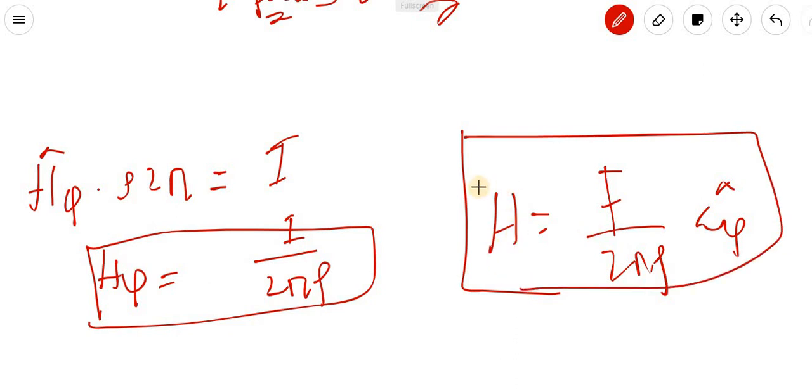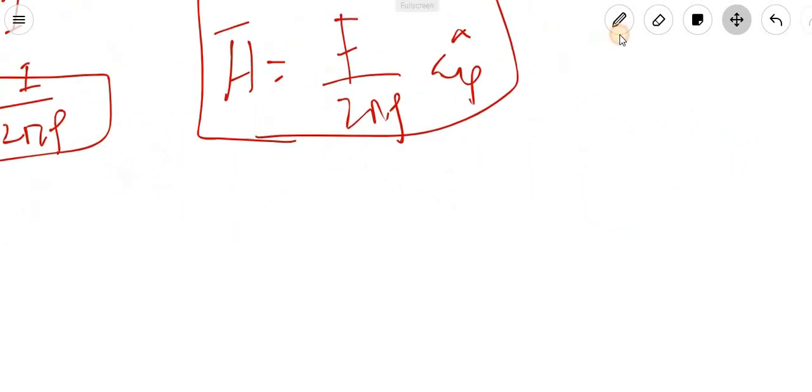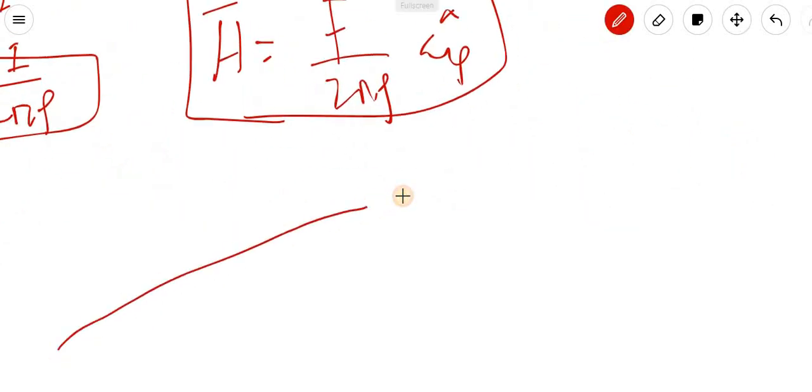In the beginning, we know that for an infinitely long current carrying conductor, the magnetic field intensity is nothing but 1 by 2 pi rho, A phi. What was the meaning of that? Suppose this is current carrying conductor 1. From that, somewhere here is the distance, and this distance is so far compared to the radius.